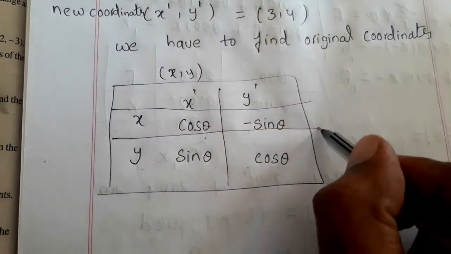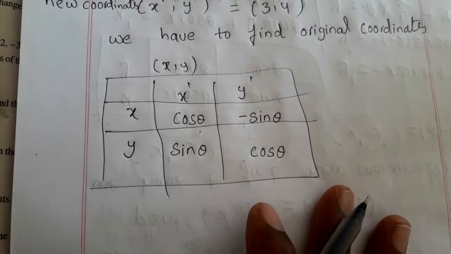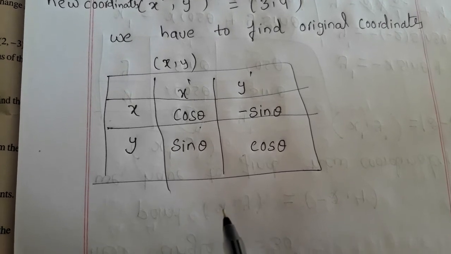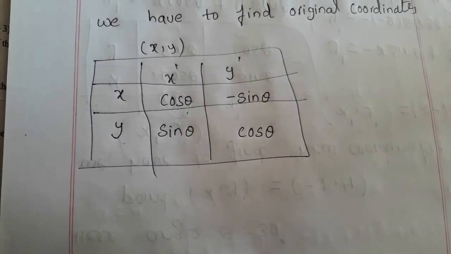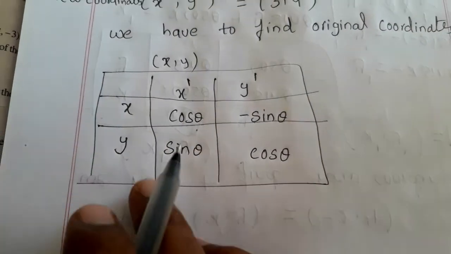Here x dash, y dash means new coordinates, x and y means original coordinates. So now we have to find the original coordinates, that is x and y.